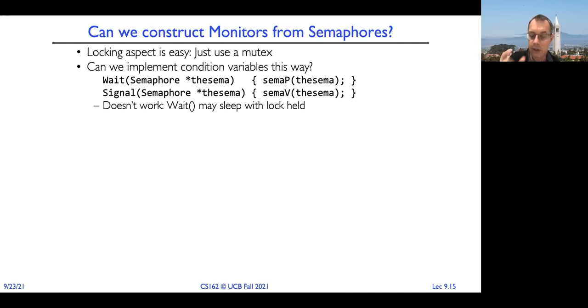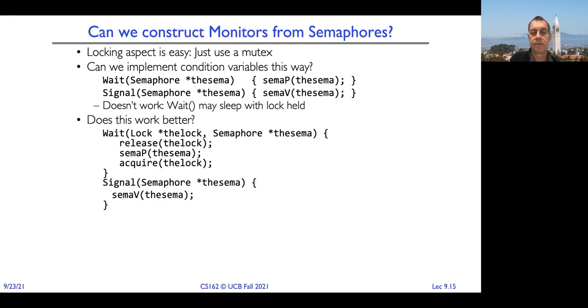For monitors, the condition wait function releases the lock atomically when you go to sleep. What about this one? You release the lock immediately, right? You release it after the wait. This will not work.